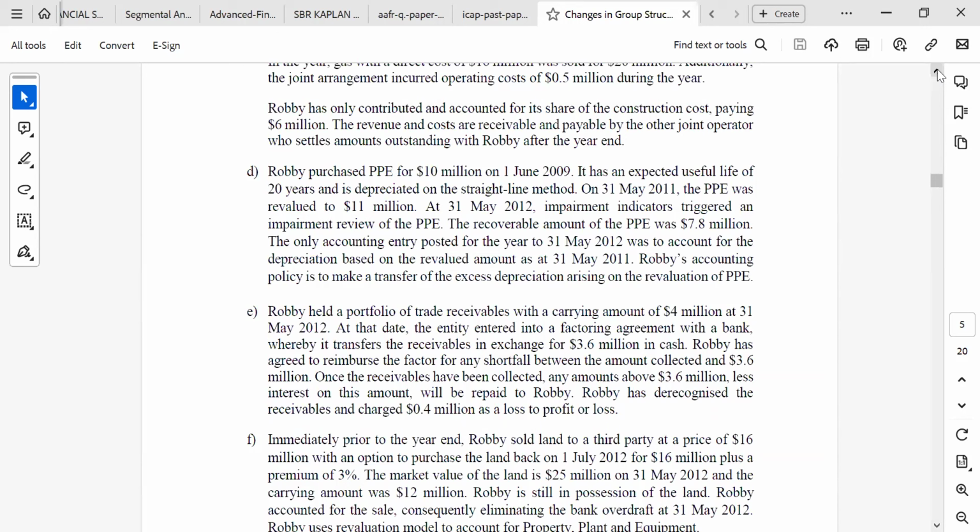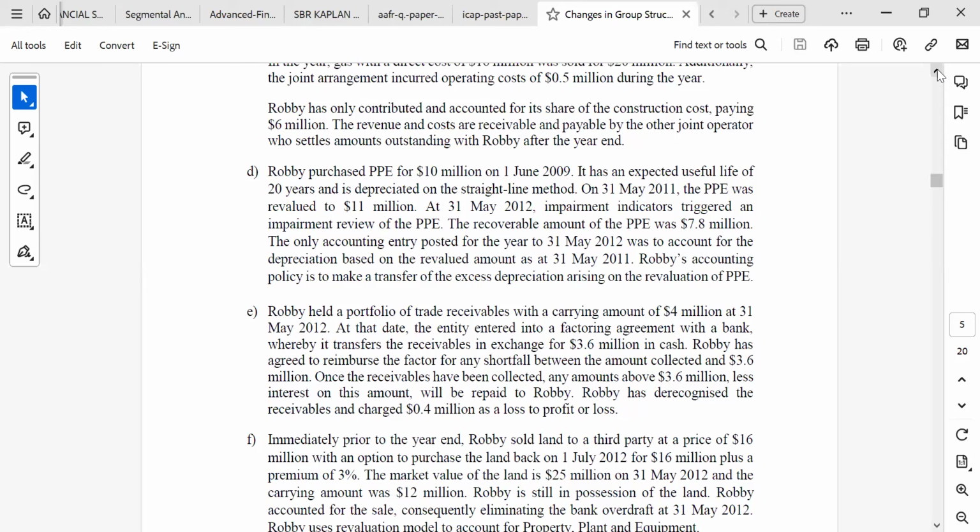Robbie purchased PPE for 10 million on 1st June 2009. It has an expected useful life of 20 years and it is depreciated on the straight line method. On 31st May 2011, the PPE was revalued to 11 million. At 31st May 2012, impairment indicators triggered an impairment review of the PPE.